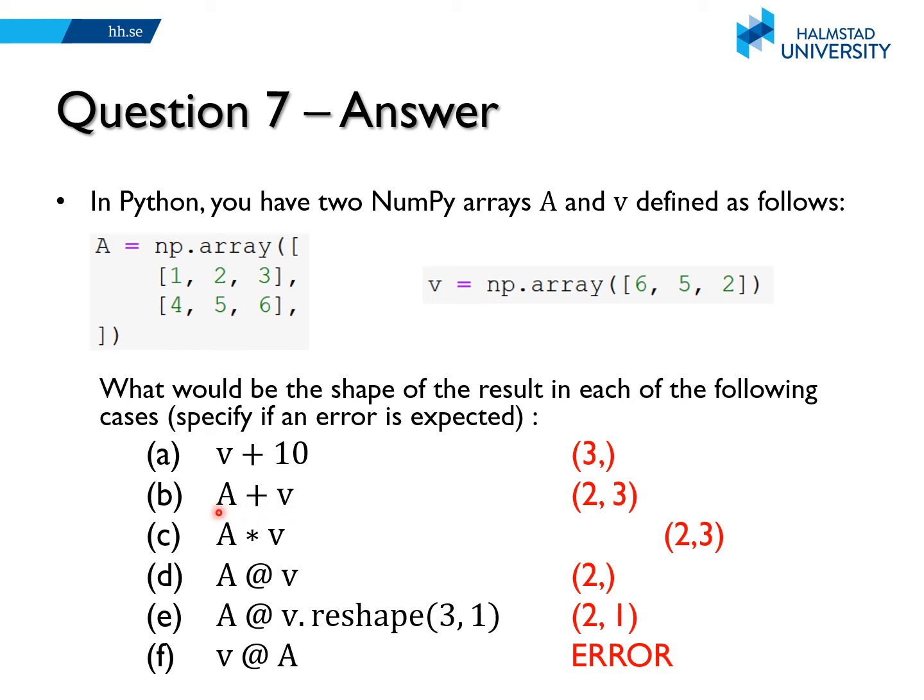Now here we want to add A and v. So we have A plus v. Normally you cannot add two matrices if they don't have the same number of rows and columns.